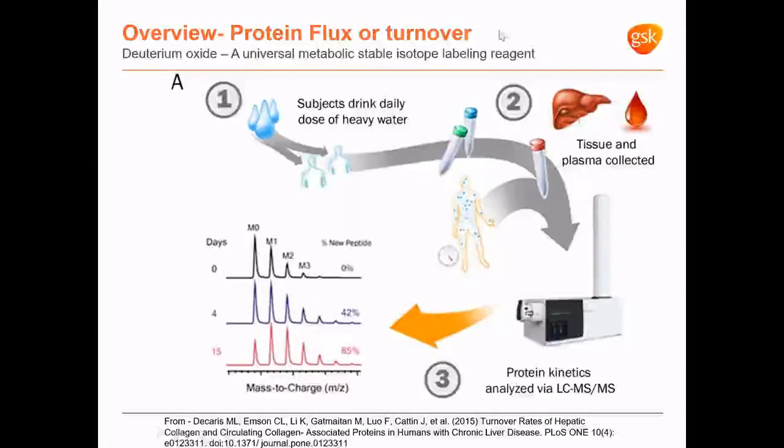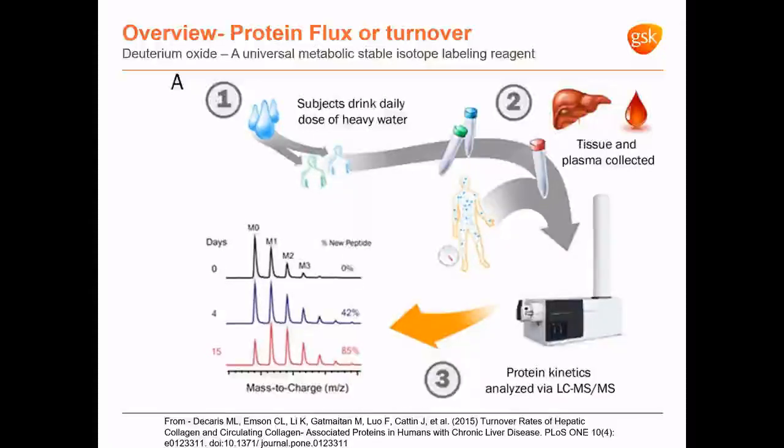So here's an overview of measuring protein turnover, and this approach can be used in cells in culture, in preclinical animal models, and in human beings, and that's what's really exciting about it. You have a stable isotope labeling strategy that can span from the simplest preclinical experimental system to a clinical context.